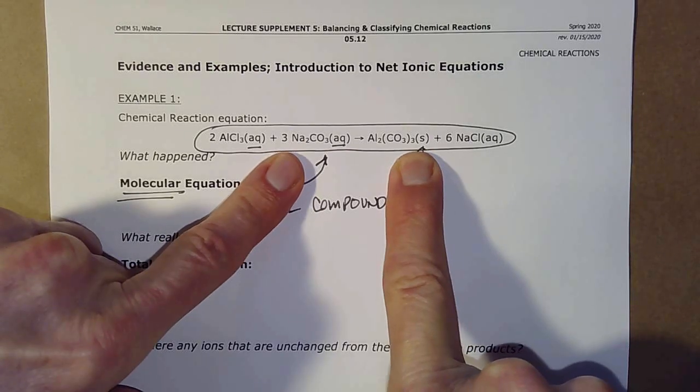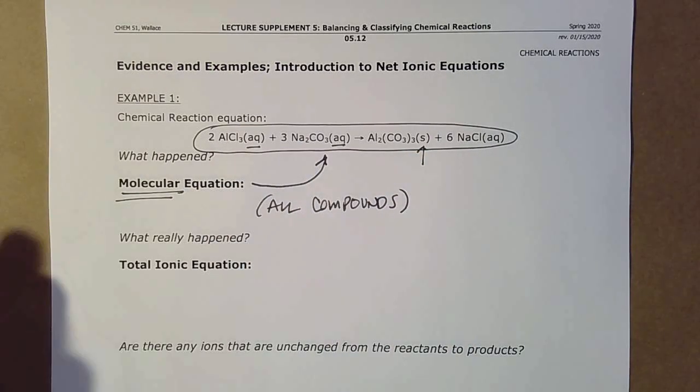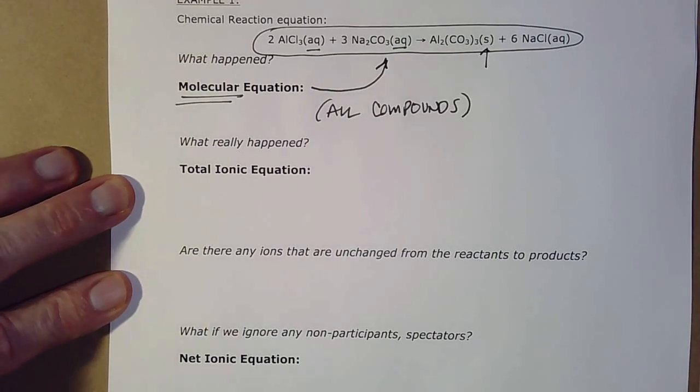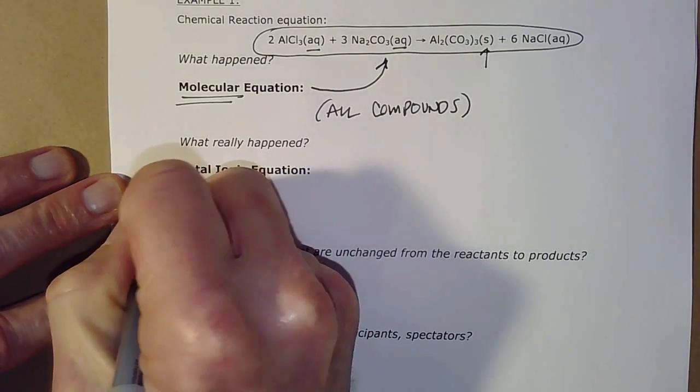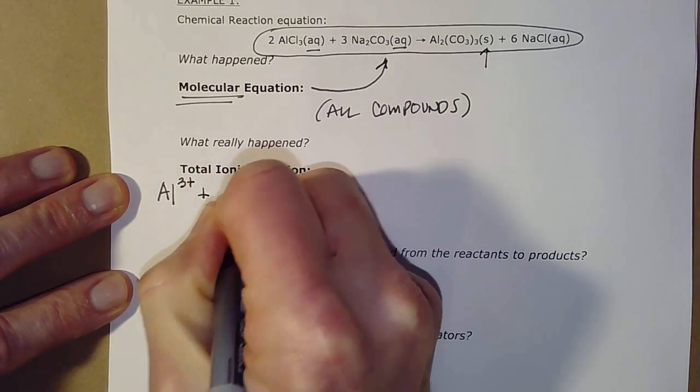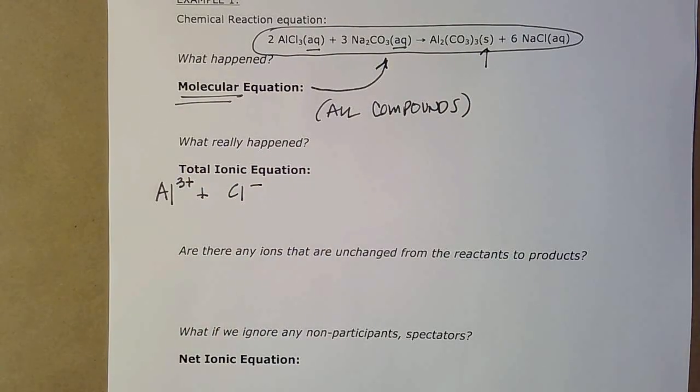So if we were to be more honest about this, it would be more honest to say, oh, I've got Al3+ and Cl-. I don't really have aluminum chloride in the water. I've got aluminum ions and chloride ions. It's aqueous, so they're broken up in the water.